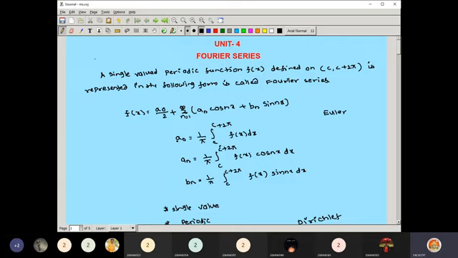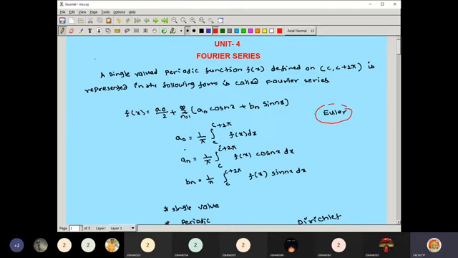These are calculated by the following formulae given by Euler. You write down the spelling, capital E U L E R, Euler, given by Euler.